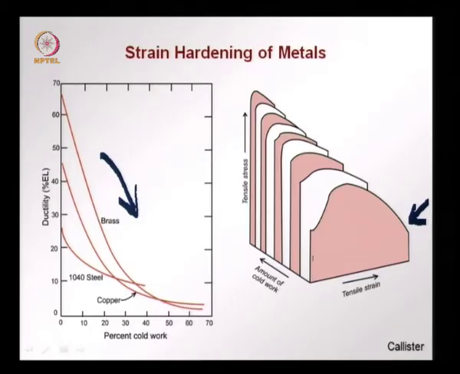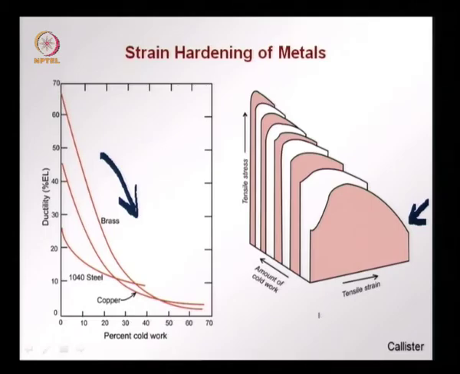So we see that the higher up I go before unloading, the more cold working I will have, and higher will be the yield strength because I am taking the material to a higher stress before unloading, but the elongation starts decreasing drastically because I am using up the plastic deformation capability of the material.